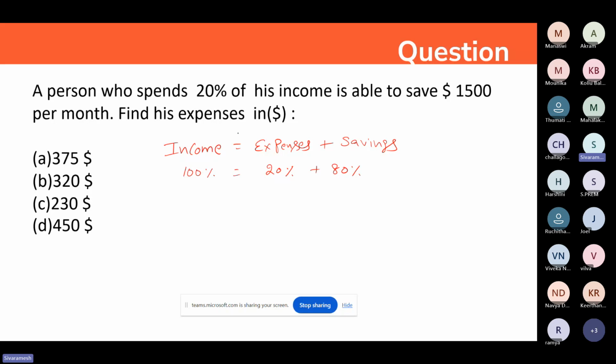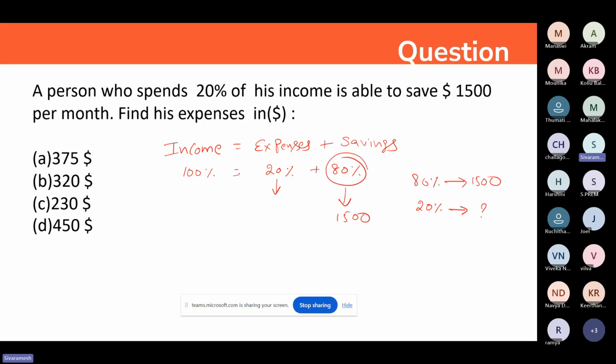A man who spends 20% of his income is able to save $1,500, which means this 80% is 1,500. What is his expenses? Expenses means 20%. Now you need to find how much 20% value is.